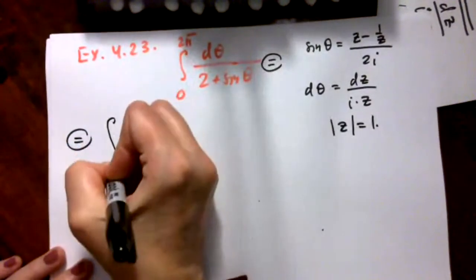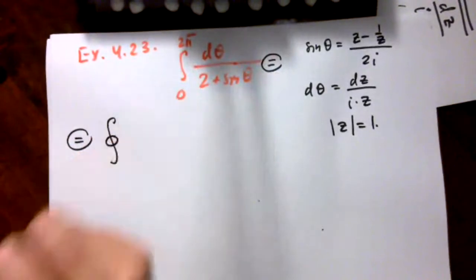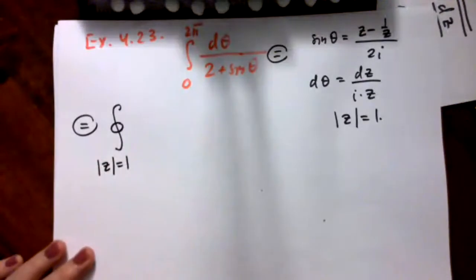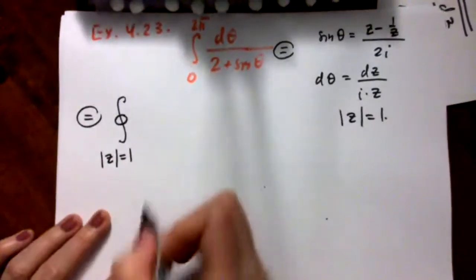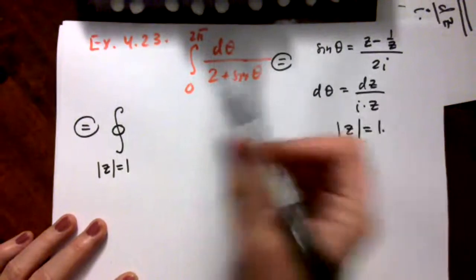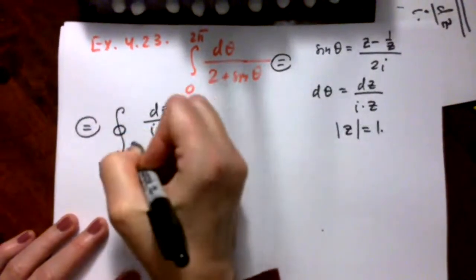So instead of the integral from 0 to 2 pi, I'm going to write the contour integral along the closed contour, modulus of z equal to 1. Instead of the differential of theta, I'm going to substitute this guy, dz divided by iz.